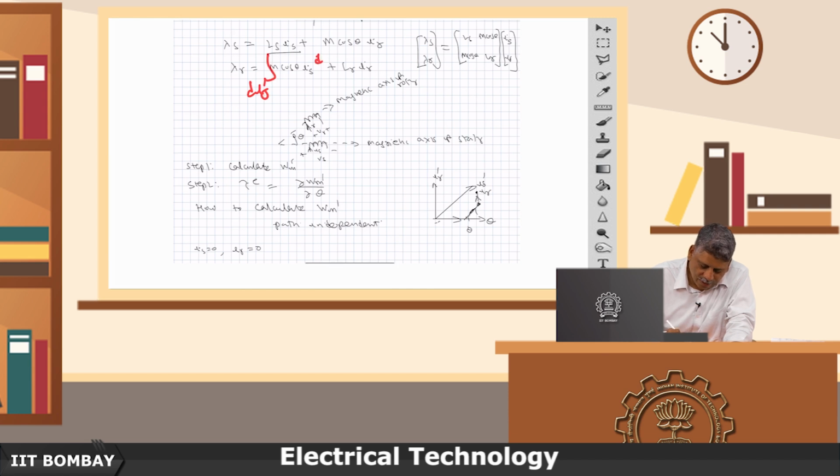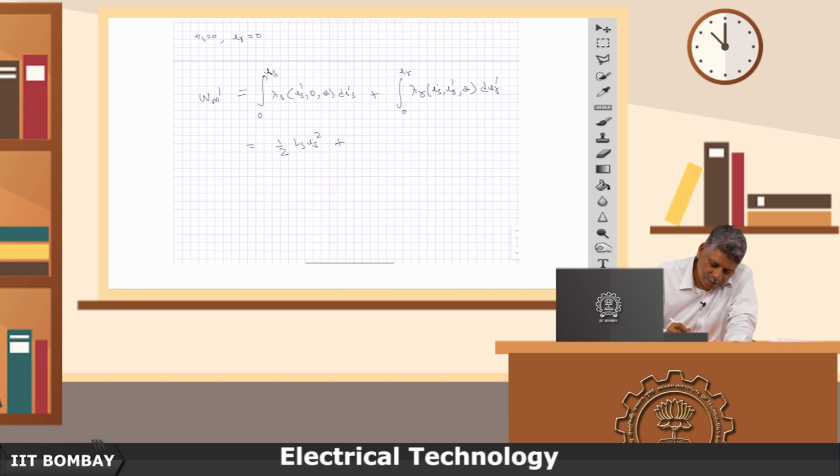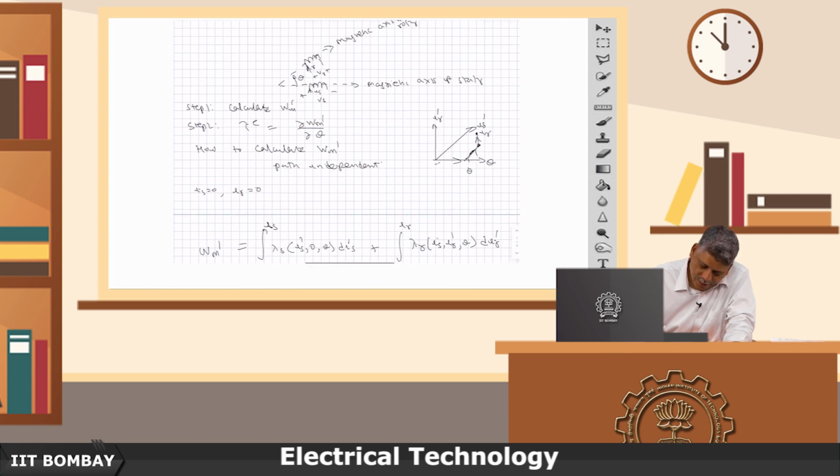Just look at the first component: the IR dash term will come here, and you are increasing it from 0 to IR. So, what will be accumulated is M cos theta IS IR.